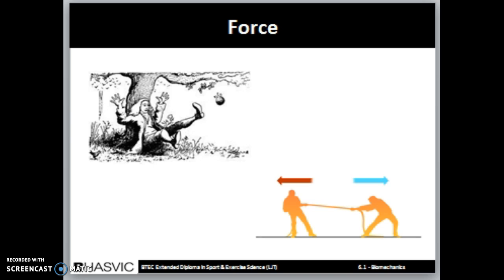So if you're throwing a basketball, the force comes from behind, pushing the ball forward to, say, a pass to your player or into the hoop as a shot. And the third one is action-reaction, so to every action there is an equal and opposite reaction. So for every force that is applied on an object, there's an equal one against it.